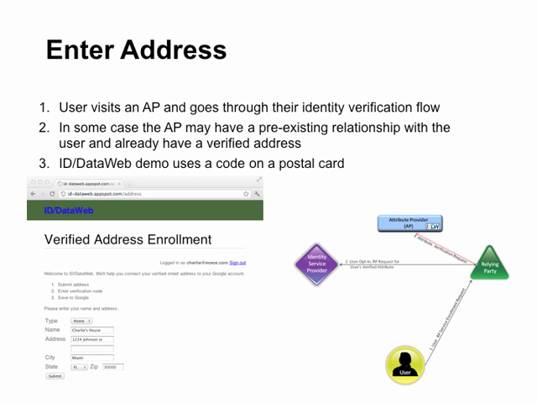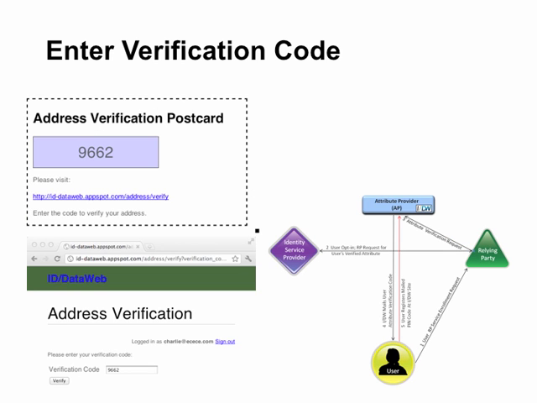As soon as they submit it, ID DataWeb sends a postal card to that address with a one-time code on it. So the user, a few days later, would receive that postal card, and it would tell them to please come back to the web page and enter that code, and in doing so the user has now verified that street address attribute.